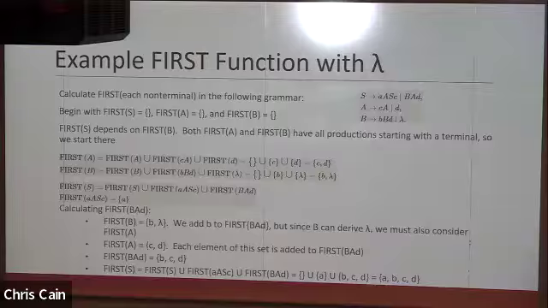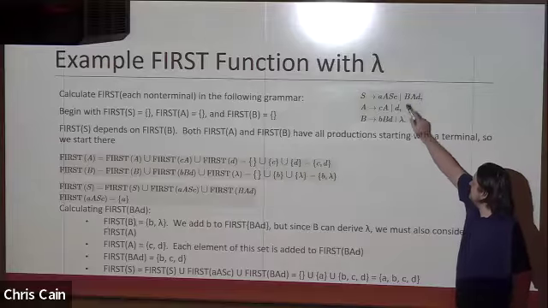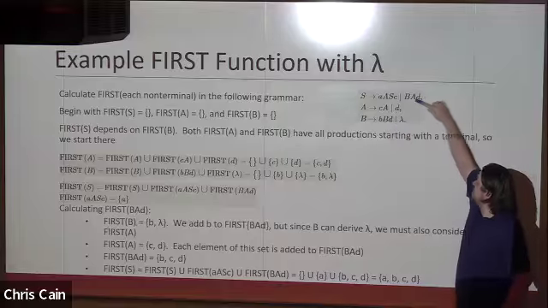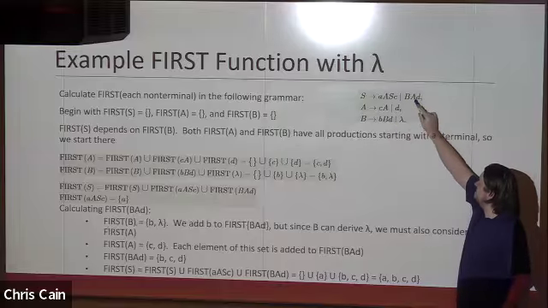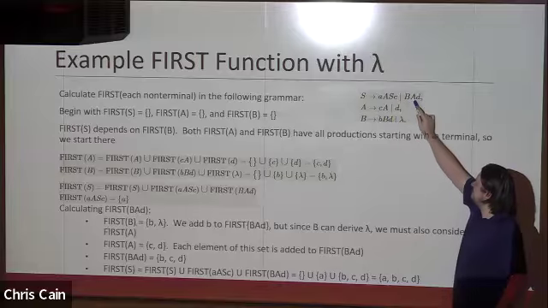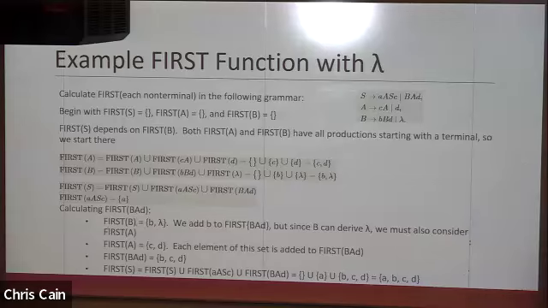To get lowercase b, we pick the right-hand side with this B left-hand side that produces the b first. To get C, right-hand side, this B goes to lambda, this A goes to C, and to get D, this B goes to lambda, this A goes to D. Now we have some path through the grammar that produces each of those as the first terminal.